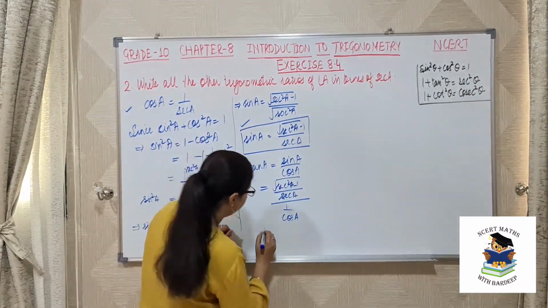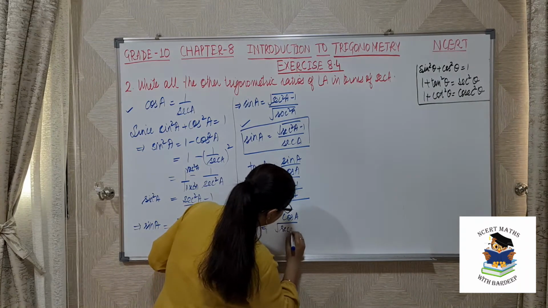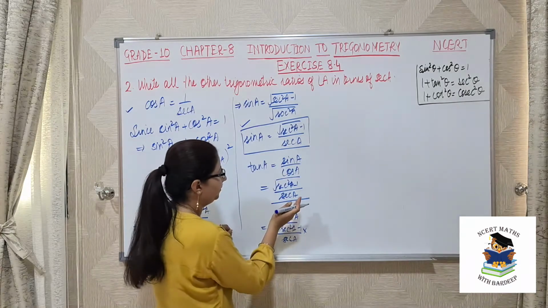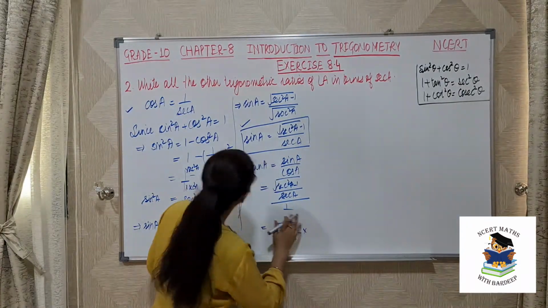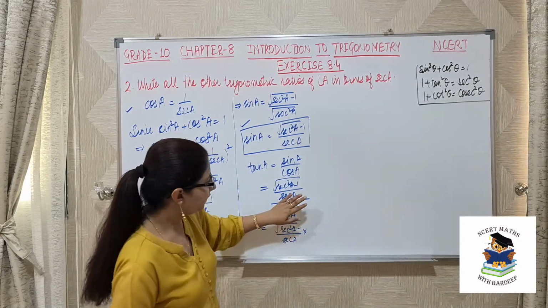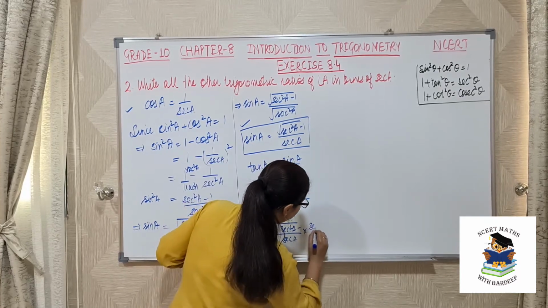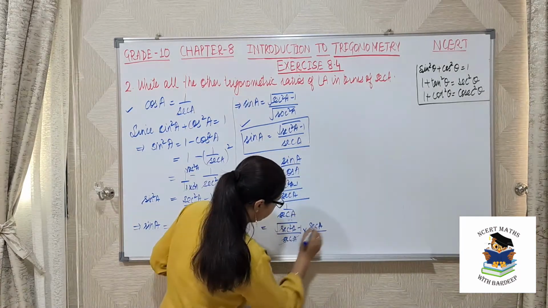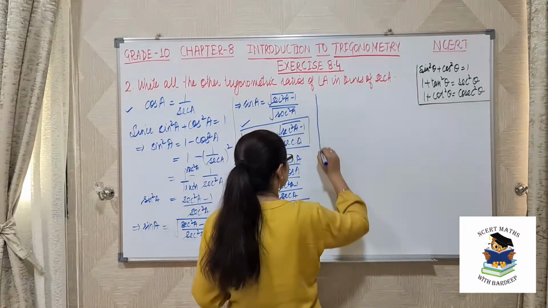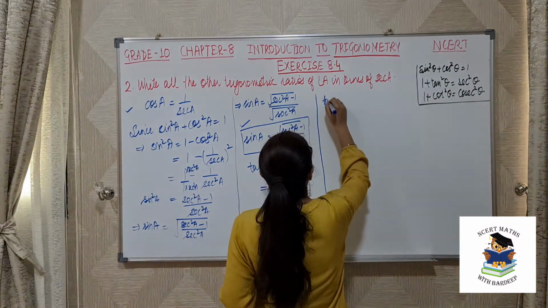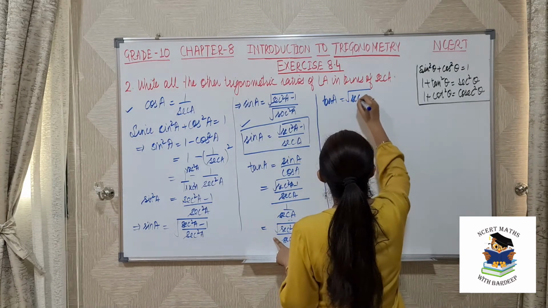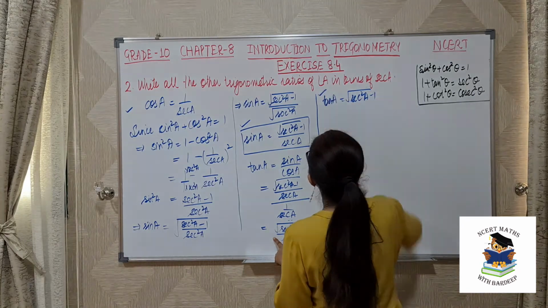Take the reciprocal of the denominator. So secant A will go in the numerator and 1 here. So this and this will be cancelled. So what is the value of tan A? Tan A is equal to square root of secant square A minus 1.